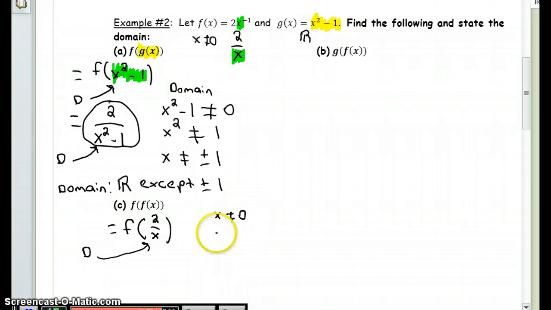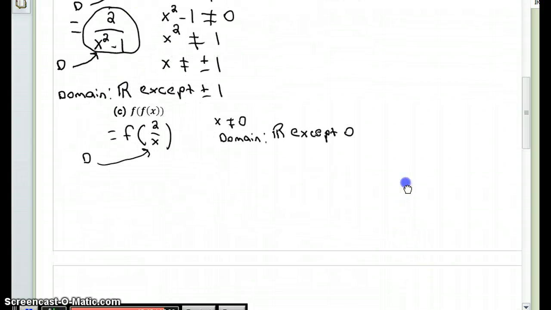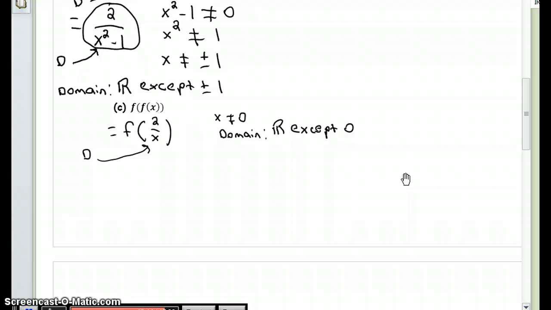So now my domain I can write right away. It's going to be all reals except 0. Now I may have to add to this in my next step when I do my domain for the second part. Let me scroll this up a little bit.